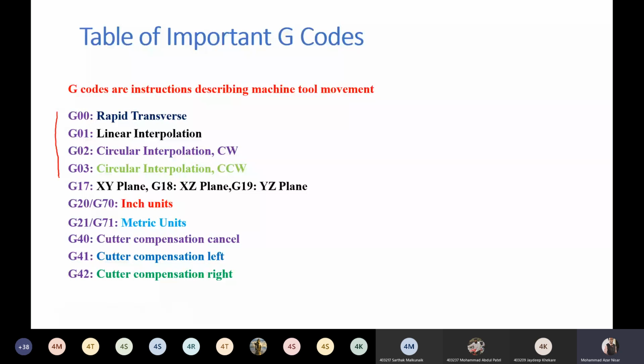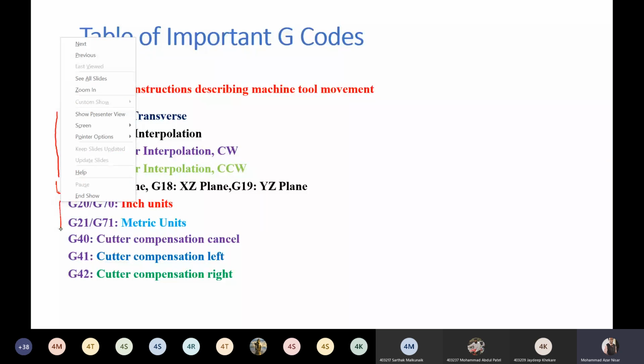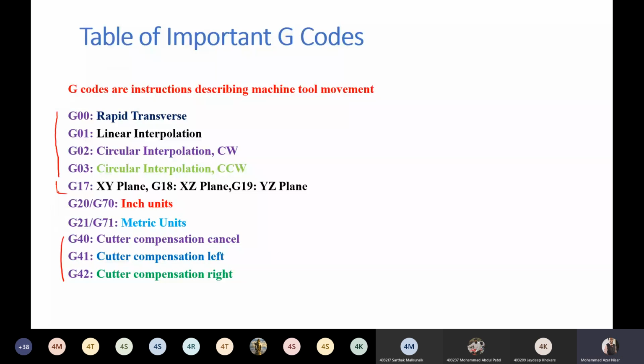This 0, 1, 2, 3 is only for the movement of the tools, that is in a linear way or a circular way, or just with a rapid speed. Then G17, 19, 20 is for the plane selection. You can remember it. Then there is another set, the compensation set. Okay, this is one set.